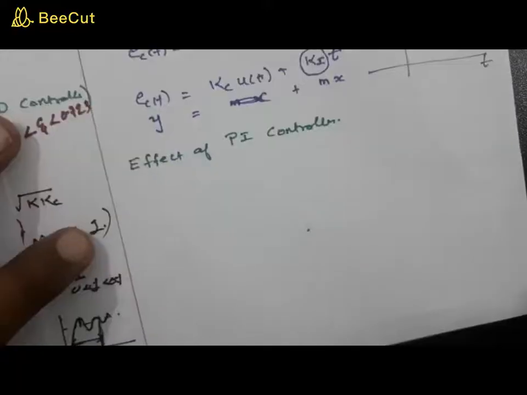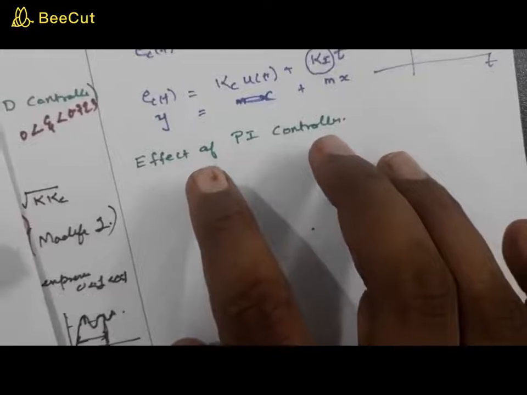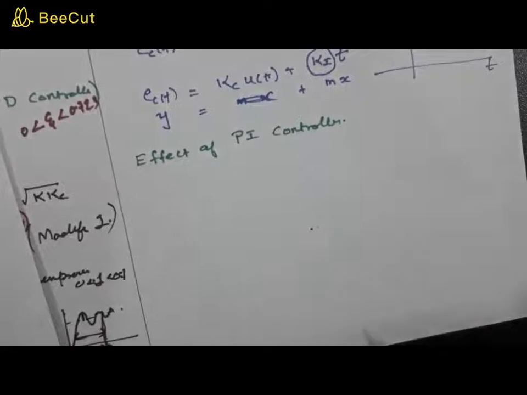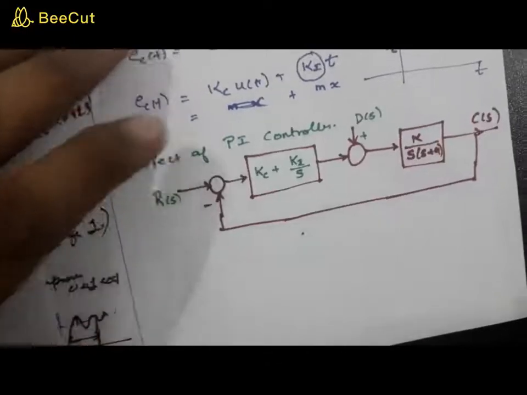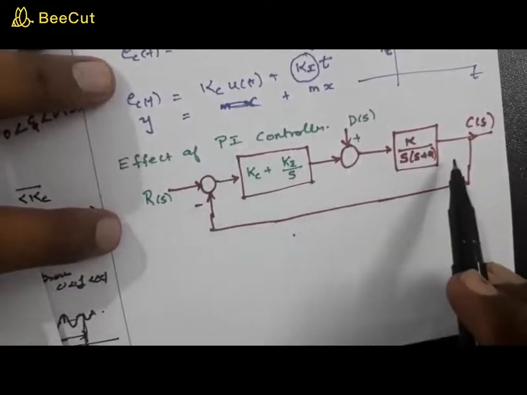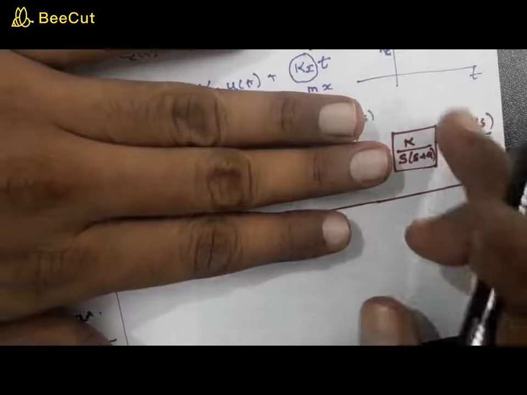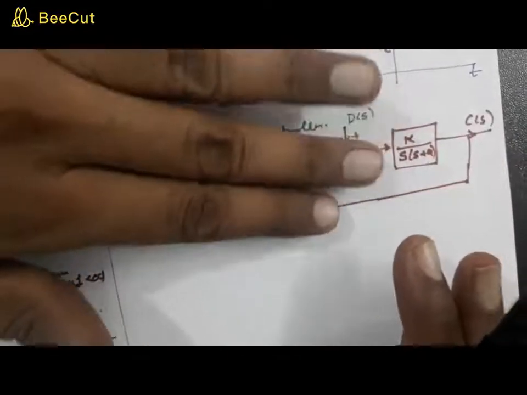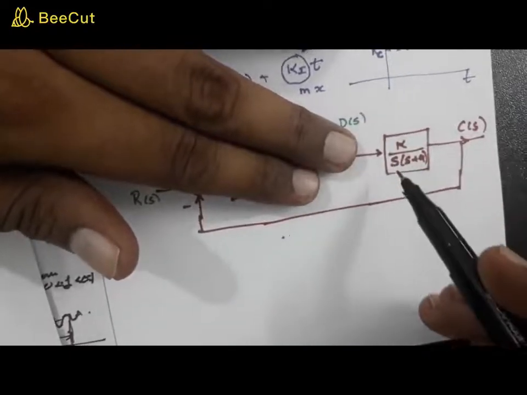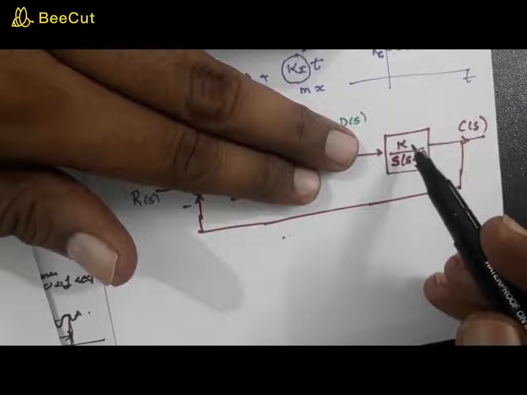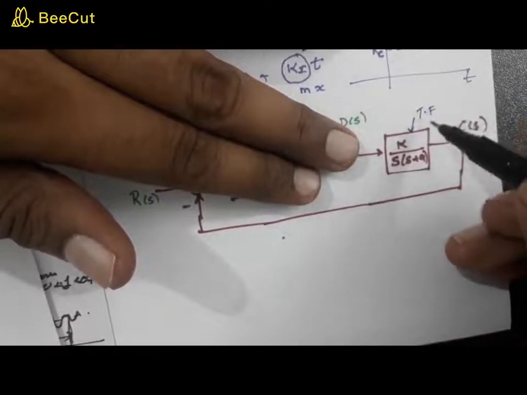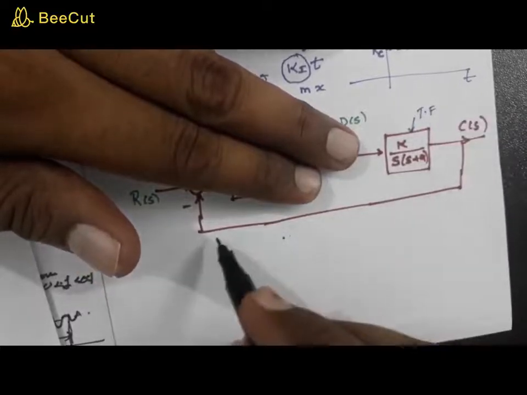Now let's try to study the effect of the PI controller. For that, consider a block diagram as shown. As you can see, this is a unity feedback, and if you hide this block as well as this summer, it is simply a direct system with G of s, the transfer function of the process, which is to be controlled, and you have unity feedback.